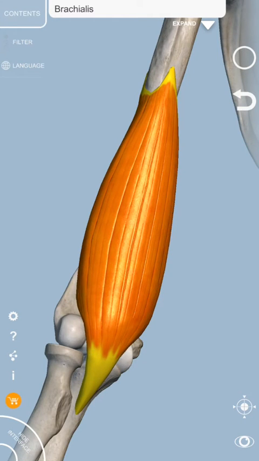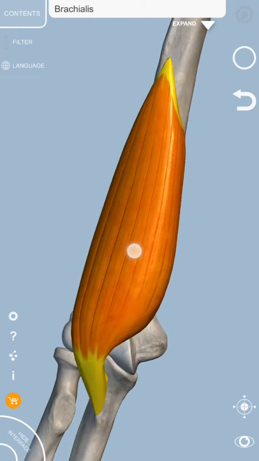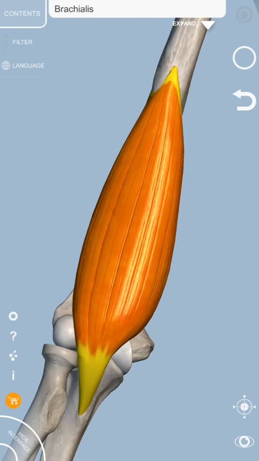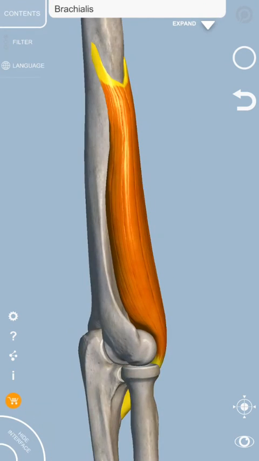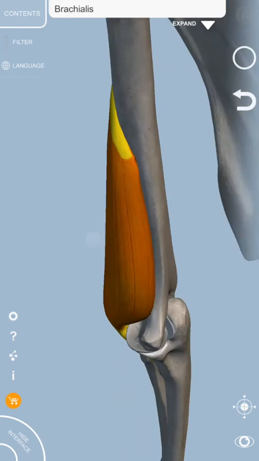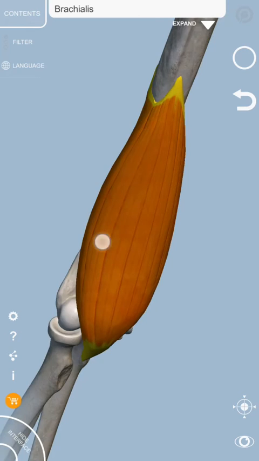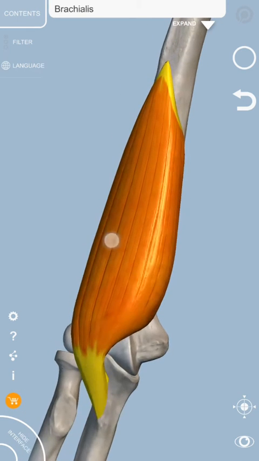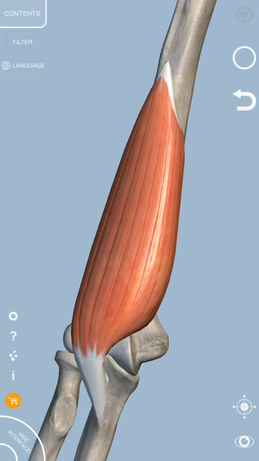It originates from the lower part of the humerus, from its distal two-thirds, from its anterior border, from its lateral border, from its medial border, from its anterior medial surface, and from its anterior lateral surface, and it gets inserted into the ulnar tuberosity. Here you can see the ulnar tuberosity. This muscle passes in front of the elbow joint, so it is a strong flexor or prime mover, and it produces flexion of the forearm.